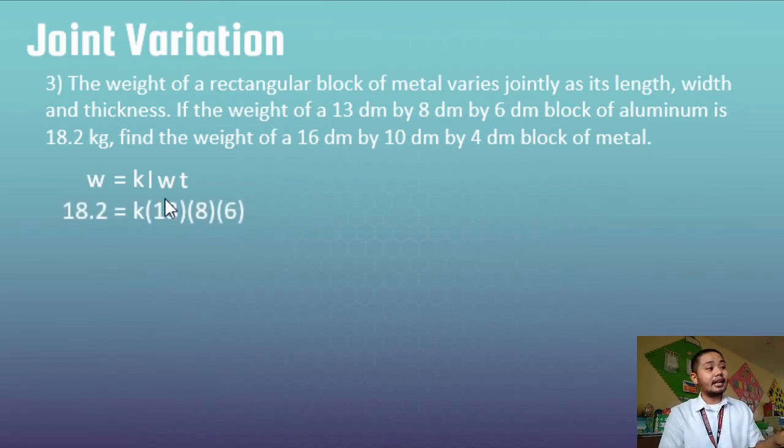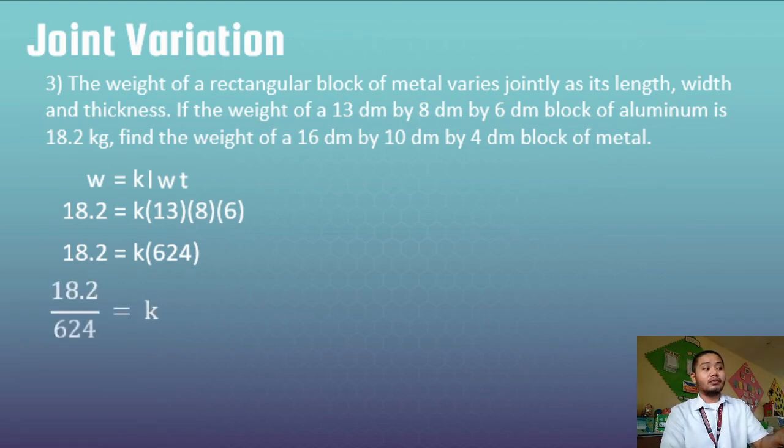Next, multiply natin. Ito, 13 times 8 times 6. Siyempre, you can use our calculator or you may do it manually. So that would be 624. And then, divide both sides by 624. So actually, pwede rin. Kaso nga lang, mas madaling tignan kapag ilo-lowest term pa natin yan. How? So, you may use Casio calculator, ClassWiz, madali siya doon.